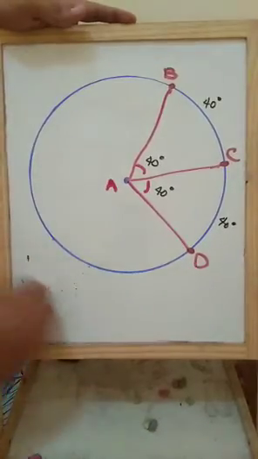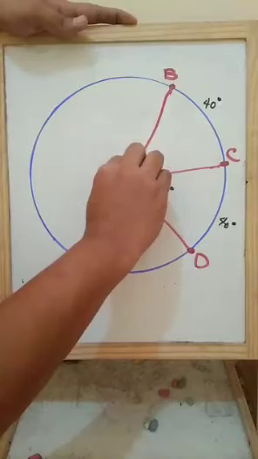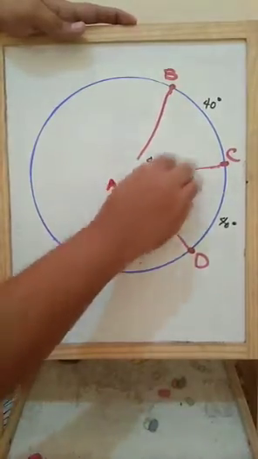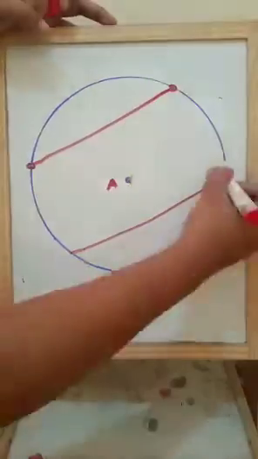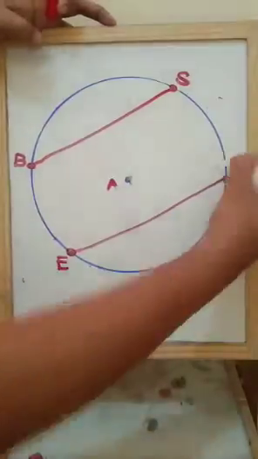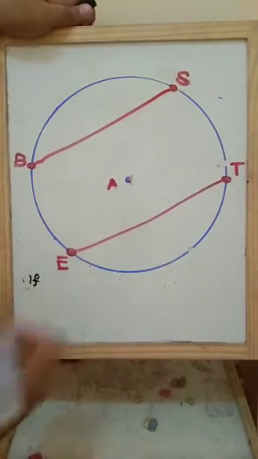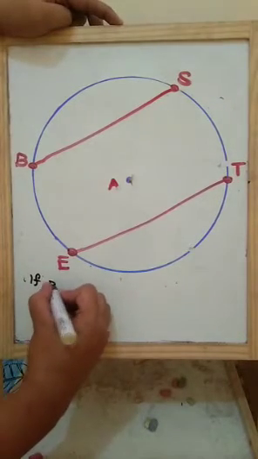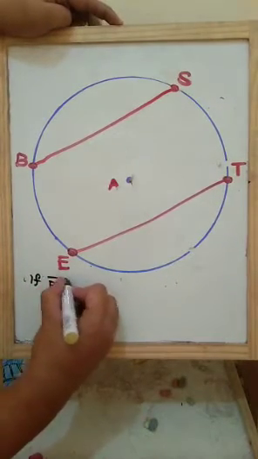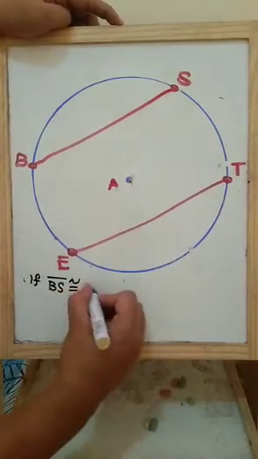Now, the second theorem involves two chords which are congruent to each other. So, burahin na natin ito. Let's have now these two segments here. Let's just say that these two segments are congruent. So we have segment BS is congruent to segment ET.